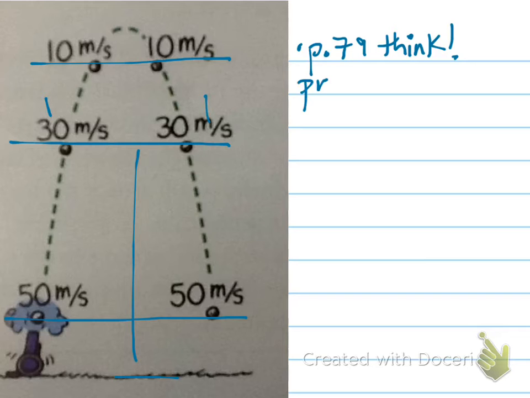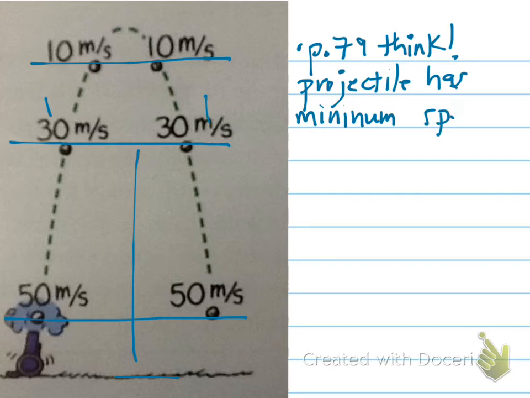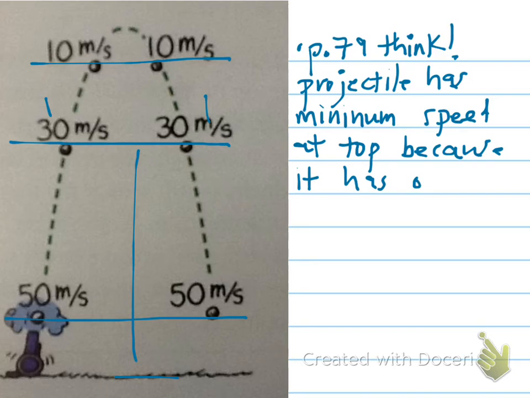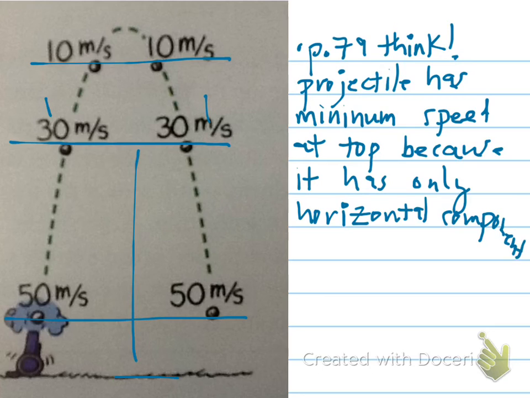The projectile has its minimum speed at the top, because it has only the horizontal component of its speed or velocity.